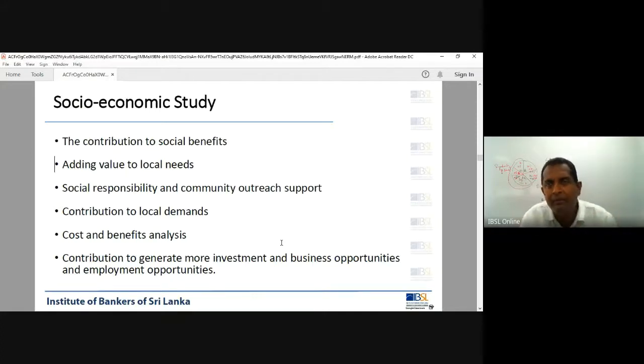Again, it will affect society. The contribution to social benefits, adding value to local needs, job creation, social responsibility, community outreach support. What kind of support are you giving to the community? Right? Okay, I'll give you an example once again from India.